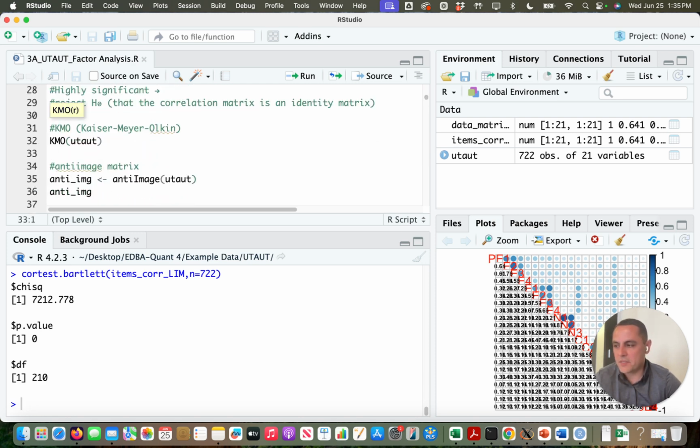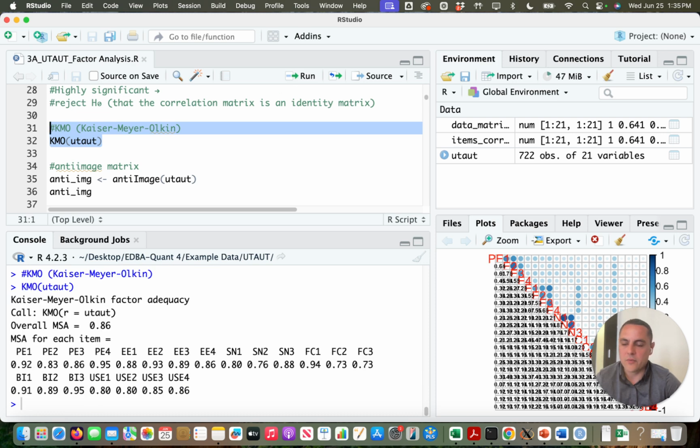So in addition, we have this KMO that we'll look at. So the KMO, go ahead and run that. And when you think about the KMO, it's a measure that quantifies how suitable our data is for factor analysis by looking at simple correlations to partial correlations.